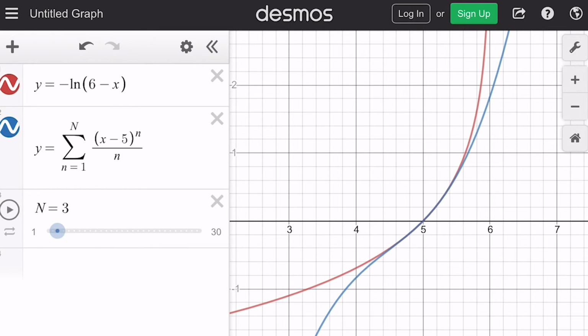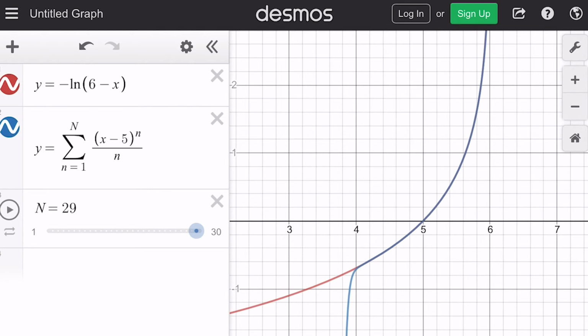With n equal to 3, we have a cubic approximation. And as we increase the capital N value, we get more and more partial sums in our series, and we're getting closer and closer conformance to the actual function. So this should at least give some justification to the claim that this series represents that function.